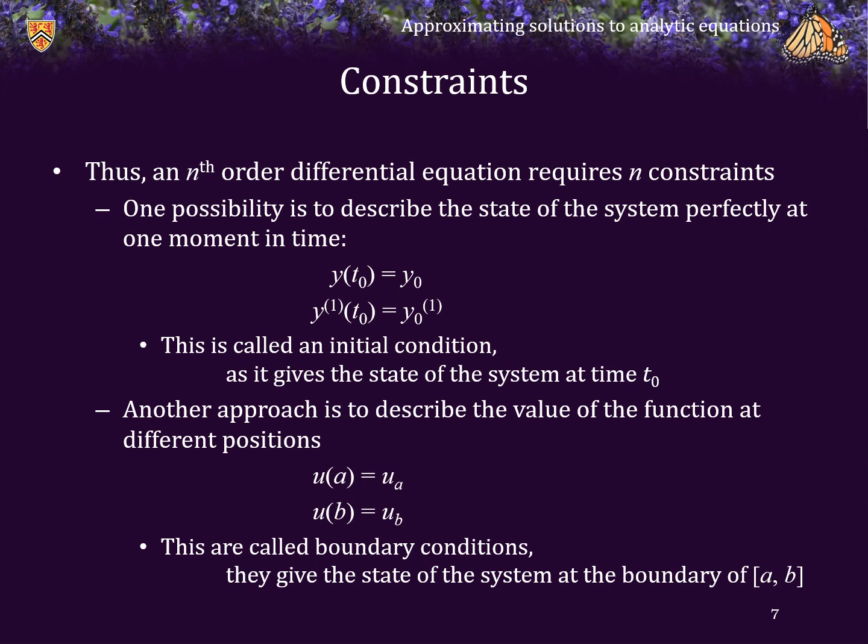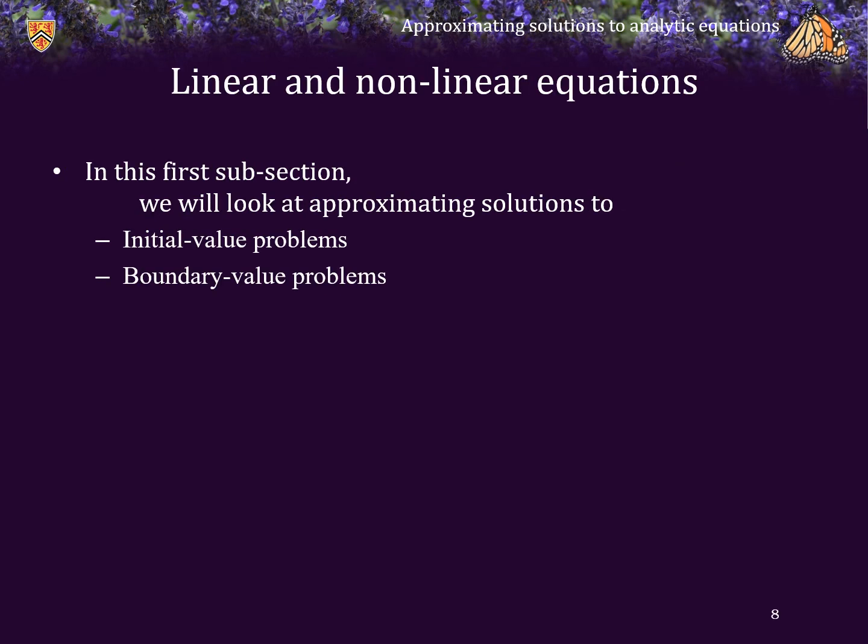These are called boundary conditions because they give the state of the system at the boundary of an interval, specifically the interval from a to b. So in this first subsection, we're going to look at approximating solutions to initial value problems and then boundary value problems.